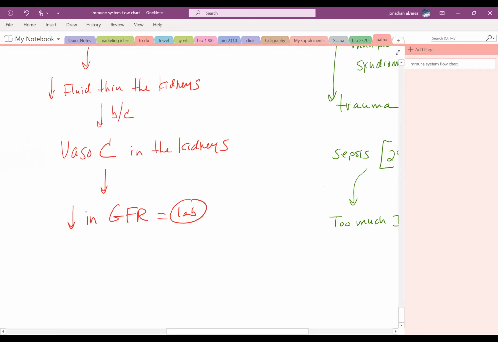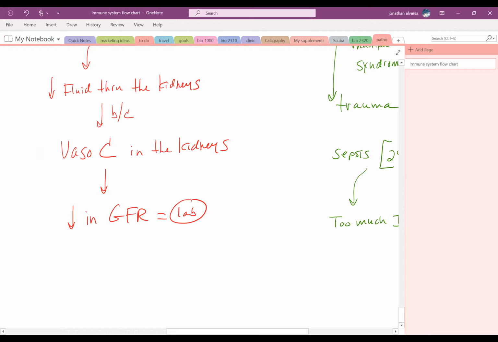So the heart pumps fluid through the tubes. Tubes eventually have to go through the kidneys. The kidneys, to some degree, act like a big filter. It keeps the good stuff and gets rid of the bad stuff. That's a super quick version of one of the functions of the kidney. It also helps with fluid balance. So things have to get filtered through the kidney.